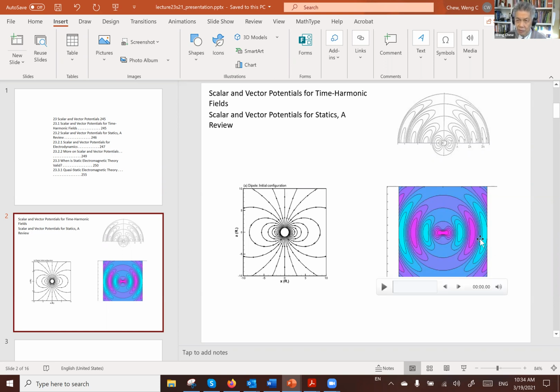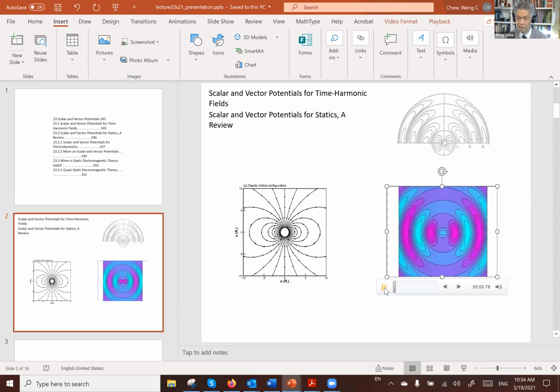However, if the field is time varying, if this dipole is oscillating back and forth, it will give rise to a field pattern that looks like this, where I have only shown the upper half space. You can see that there's a dipole in the middle oscillating back and forth, and because of that, it sends out waves away from the source point.